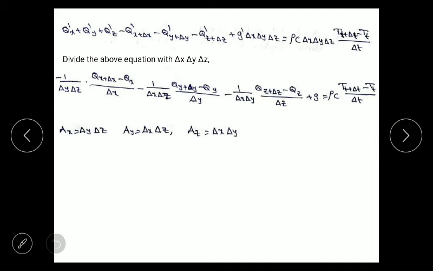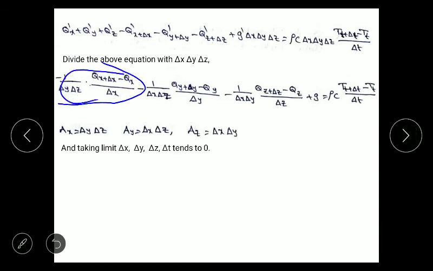Now consider the first term without the minus. Let us consider the first term. As we know, delta x, delta y, delta z, delta t are very small, tending to 0.